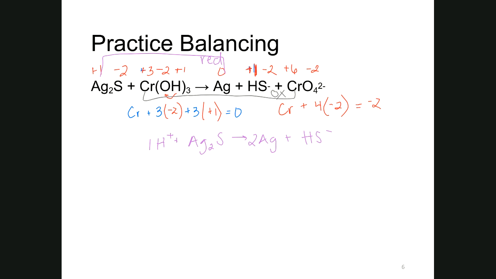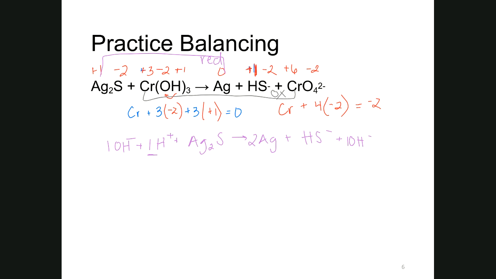Now here's where we add in that extra step. Since this is a basic solution, what we're going to do is add a hydroxide to interact with that proton. Since we only have 1 proton, we're going to add 1 hydroxide. And when we're dealing with hydroxides, anything that we do to one side, we have to do to the other side. So we add the same amount of hydroxides, 1 hydroxide.